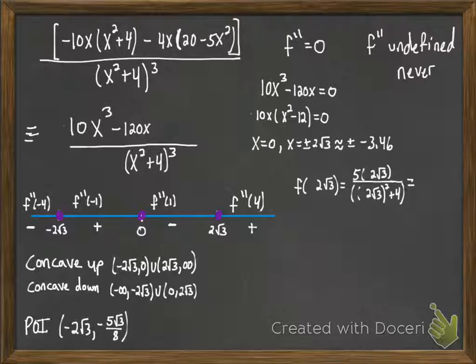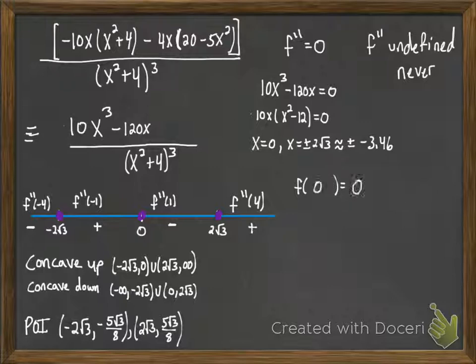And upon simplifying, I get 5 square roots of 3 over 8. So the point 2 square roots of 3, 5 square roots of 3 over 8 is also a point of inflection. And then the last one to check is 0. If you plug 0 into the original function, you get 0. So that 0, 0 is also a point of inflection.